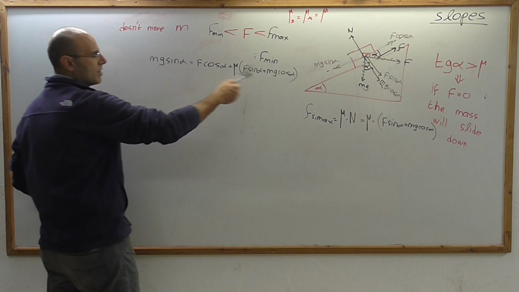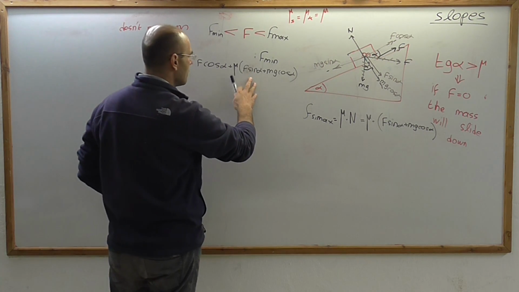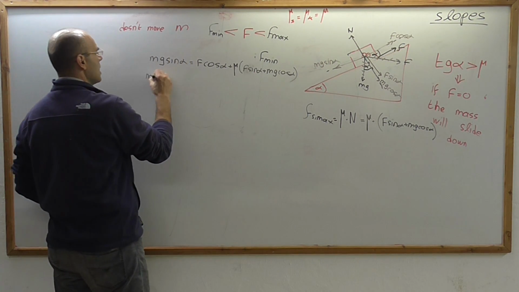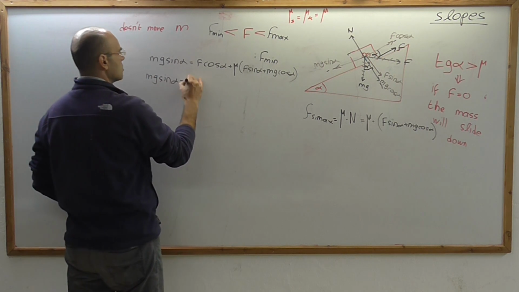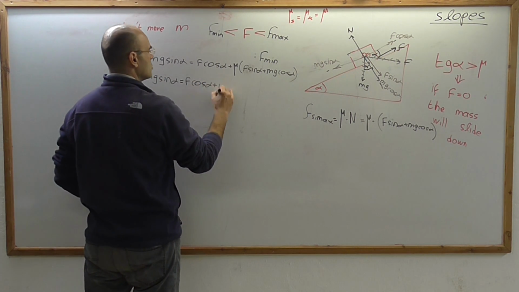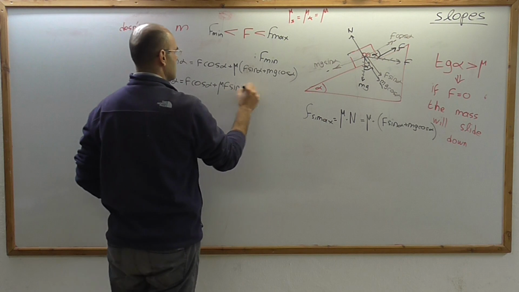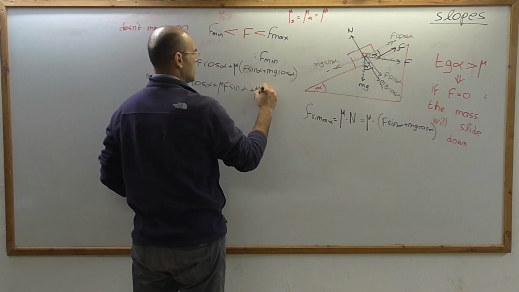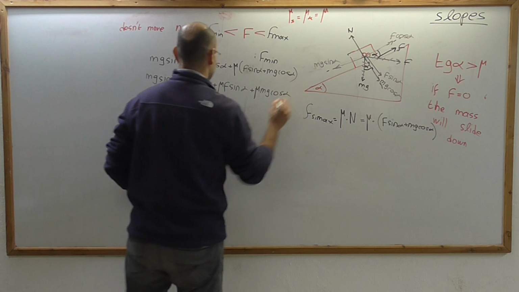So let's find F minimum from here. So I'm writing mg sine alpha equals F cosine alpha plus mu F sine alpha plus mu mg cosine alpha.